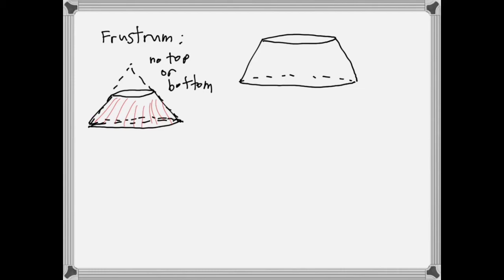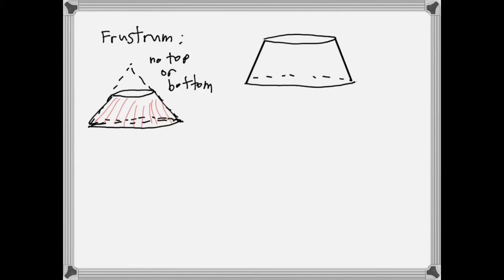So how would we find the surface area of a shape like this? Well, let me make this look slightly nicer. So I'll use a straight line here. Something like that.